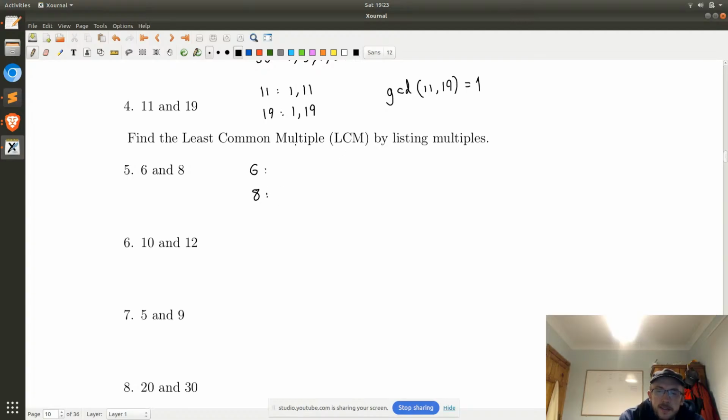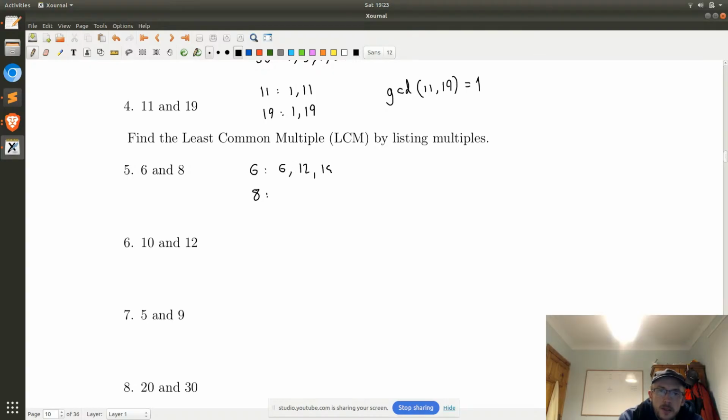Maybe just list a few at a time and make sure that the lists sort of keep pace with each other. In this case, we already know ahead of time to go up to 24 because the numbers are so small. But in practice, I would just list the first 5 multiples perhaps.